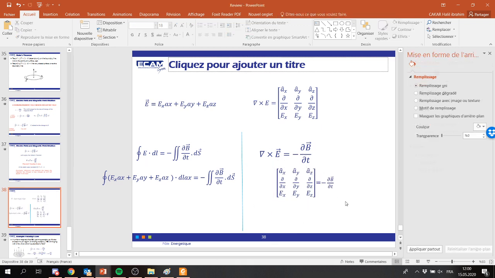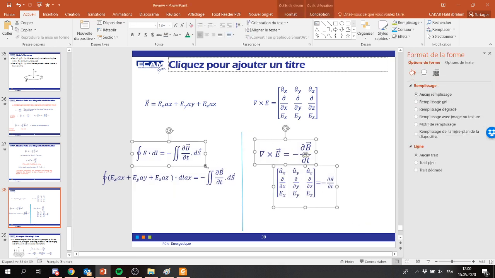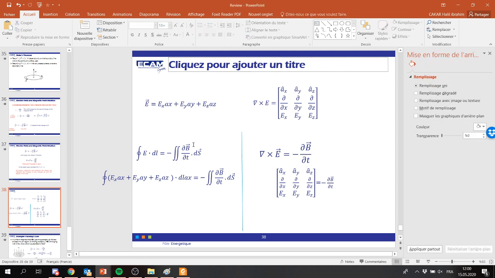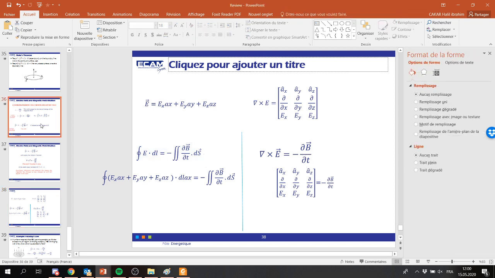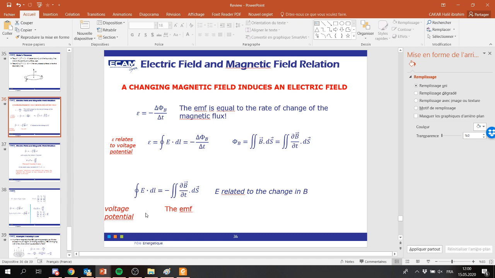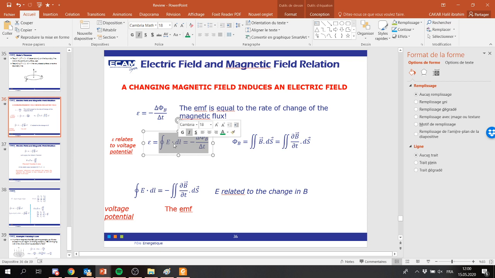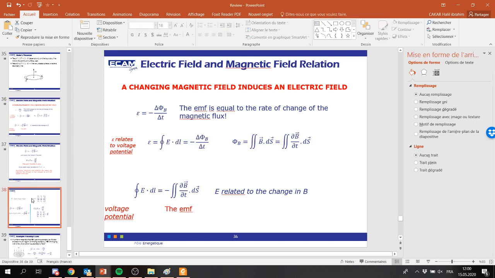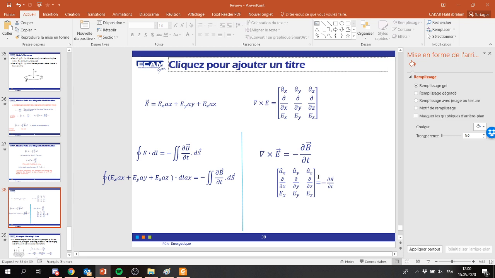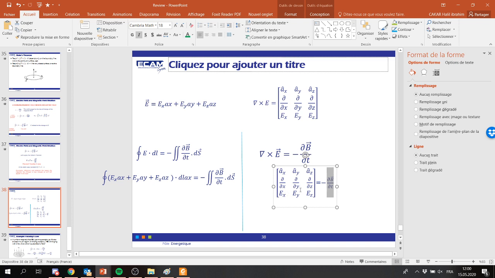So if you want to isolate one of the unknowns when you know one thing, either you can use this method, where I just picked up things one by one from Faraday, from the line integral of the electrical field, and merged them, and then I found this equation. Or you can just apply the Stokes theorem in order to, for instance, calculate B fields when you know the electrical field, or vice versa.